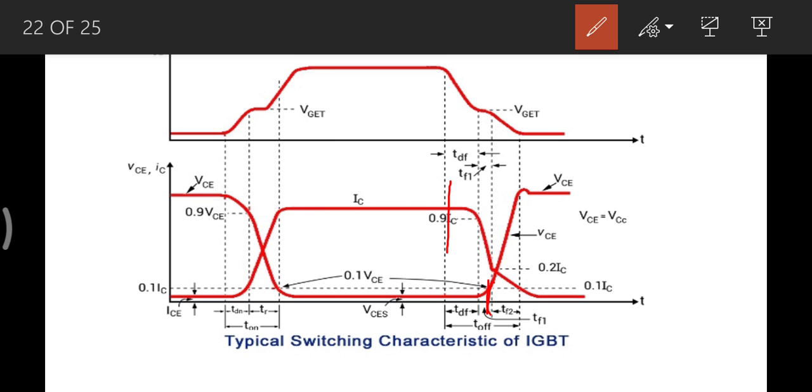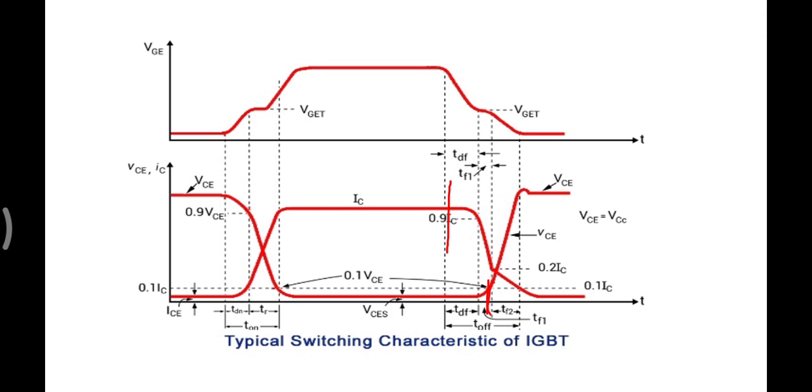It is considered as a delay time. And with respect to VCE, how can we define delay time? It is the time taken to raise the VCE to 0.1 VCE. It is considered as a delay time.